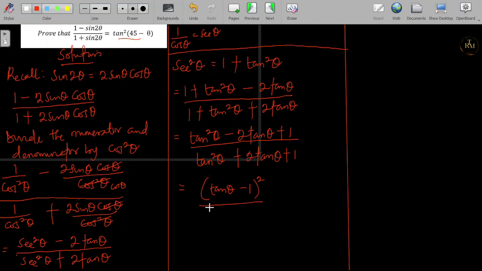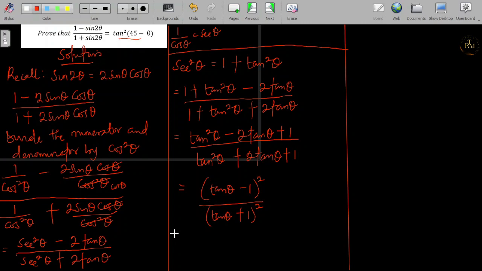If I factorize that, I'm going to get tan theta plus 1 squared. If you pause the video, you can expand this and see if it will lead you to this. You could also expand this and see if it will lead you to this. But I guarantee you that's exactly what you're going to get, right?